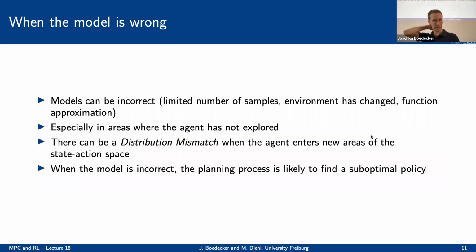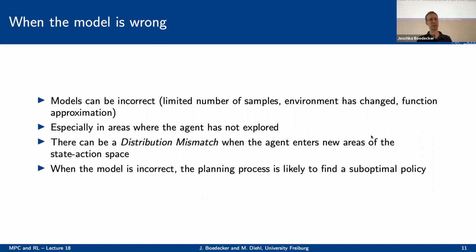All right. Yeah, so the model might be wrong, of course, can be incorrect because you usually don't get perfect models. We only have a limited number of samples. Your environment may even change and your model may not have captured it. And also, for the more complicated tasks, we use function approximation. And we do things like stochastic optimization, and there's inherently noise and imperfections in the model.